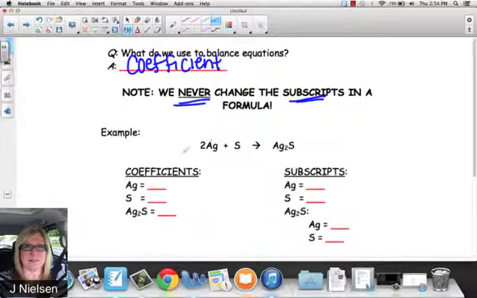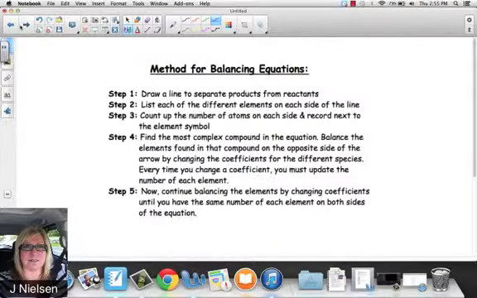So in this example, we have a coefficient of 2 in front of the silver, a coefficient of 1, it's unspoken, in front of the S, and a coefficient of 1 in front of the silver sulfide. For our subscripts, we have a subscript of 1, it's unspoken, for the S, a subscript of 1. And within the silver sulfide, we have 2 silver and 1 sulfur.